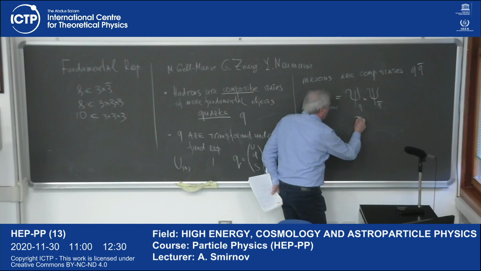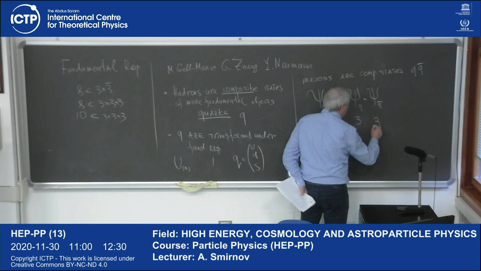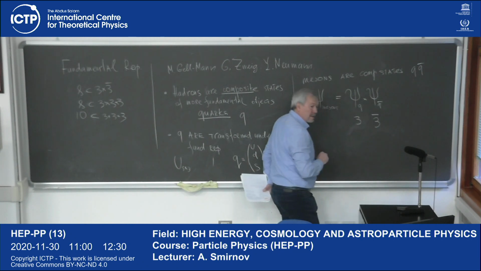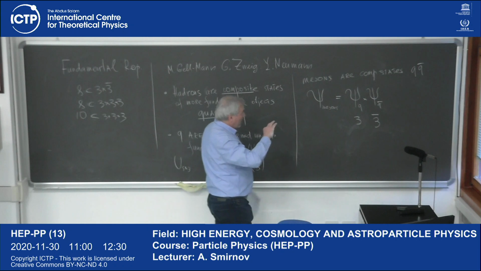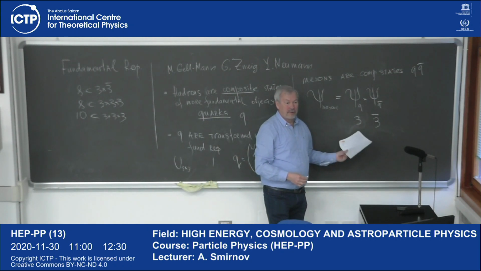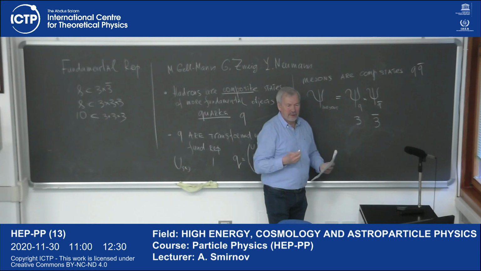So this is transformed under 3, this is transformed under 3 bar, and therefore the product is transformed under, say, octet, if you take just the reducible representation.